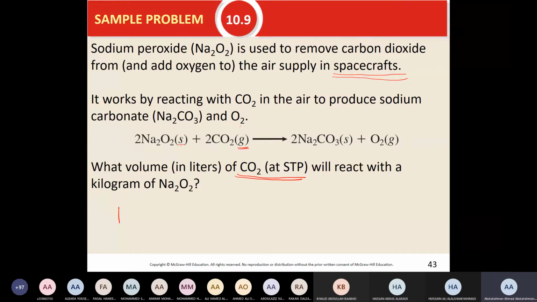So I have 1 kilogram. I don't like gram, always I want to make it right away: 1,000 gram Na2O2. How many grams of CO2 should I have to react with it? 1,000? No.